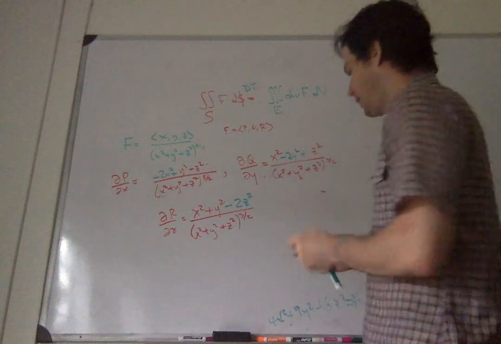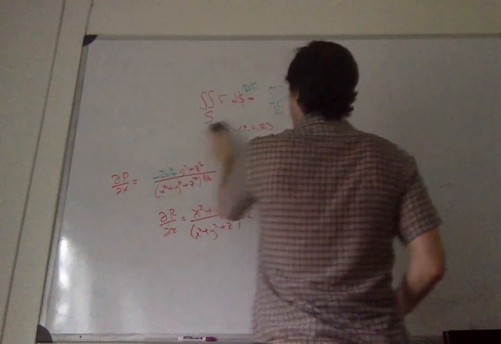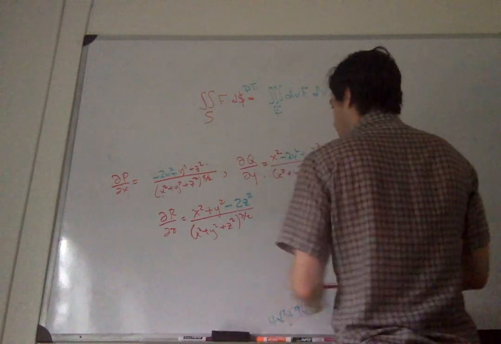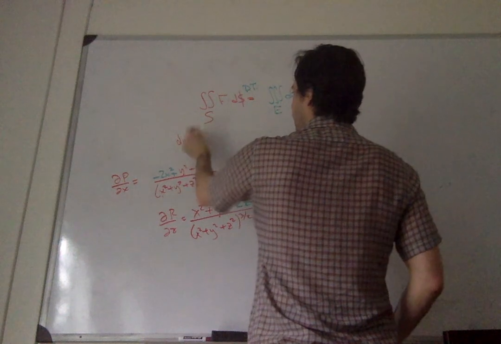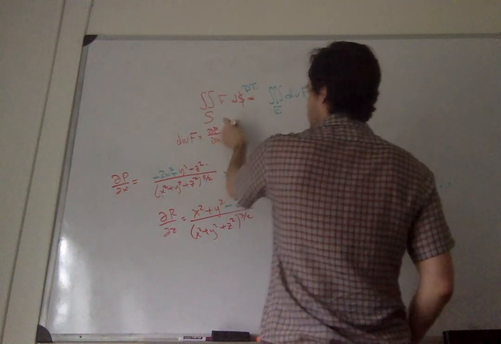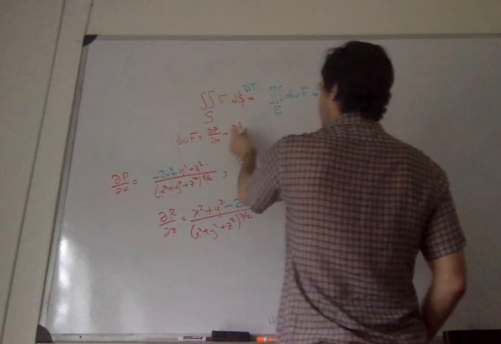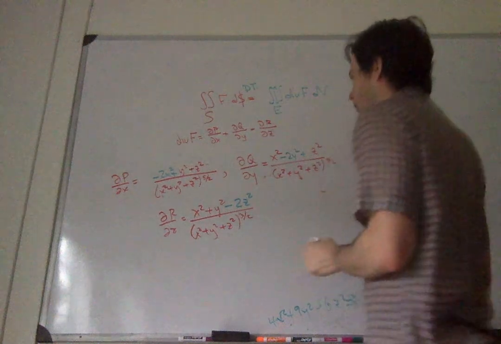And what is the divergence? Well, the divergence of f is going to equal partial of p with x, partial of q by y, and partial of r by z.